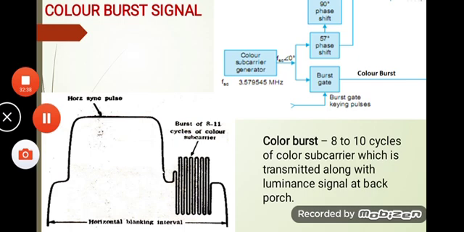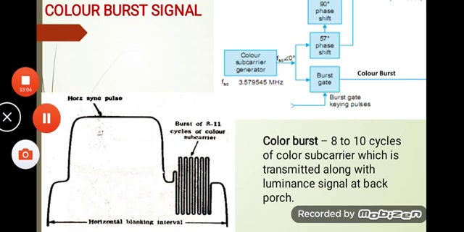Now, generally we have a synchronization signal used in the luminance signal. In luminance we have horizontal as well as vertical blanking pulses, and we have ample space available in the horizontal blanking pulse, in the back porch, which is almost 5.8 microseconds of time and is blank.